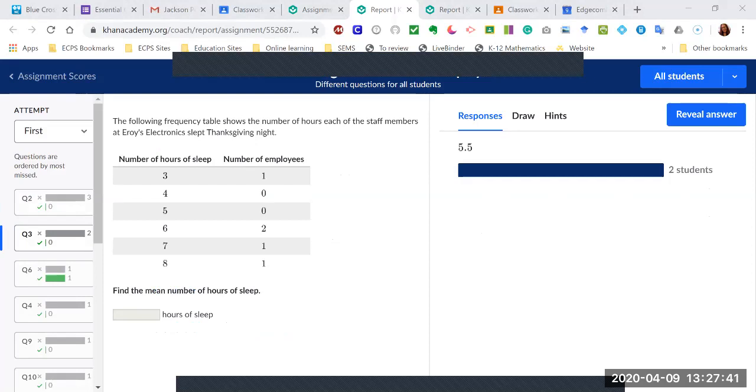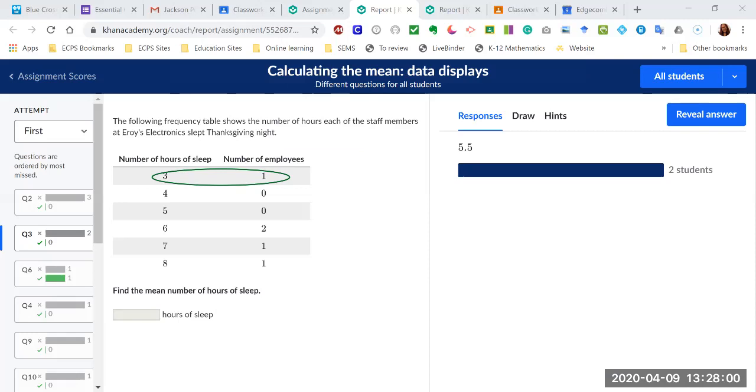For this one, we're trying to find the mean number of hours of sleep. We've got this 3 here, which means one employee slept 3 hours, 2 employees slept 6 hours, 1 slept 7, and 1 slept 8 hours.